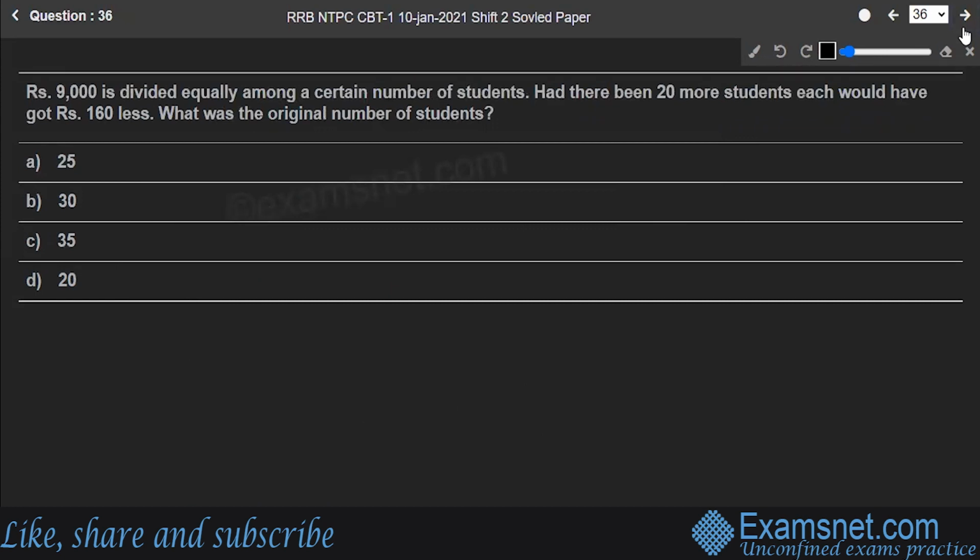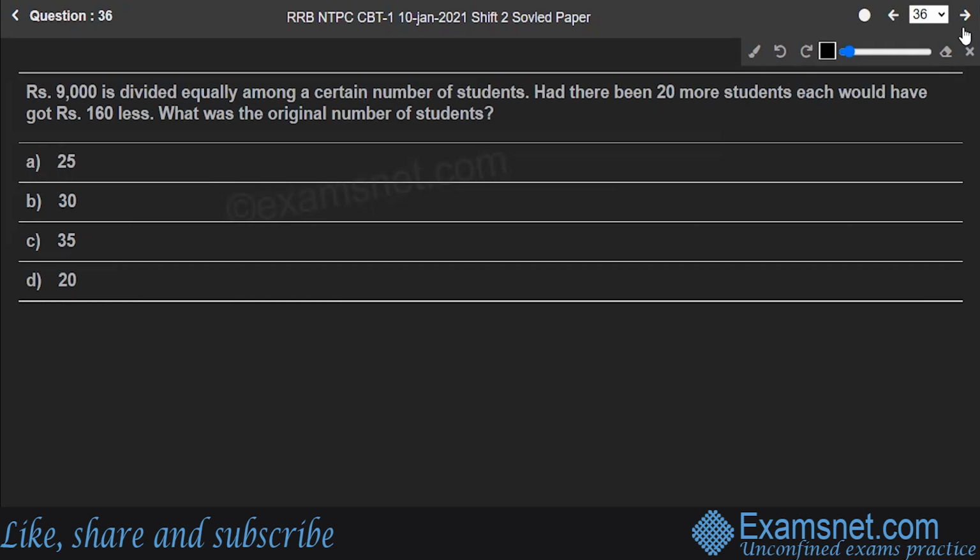It says if 9,000 is divided equally among a certain number of students, had there been 20 more students, each would have got rupees 160 less. What was the original number of students?